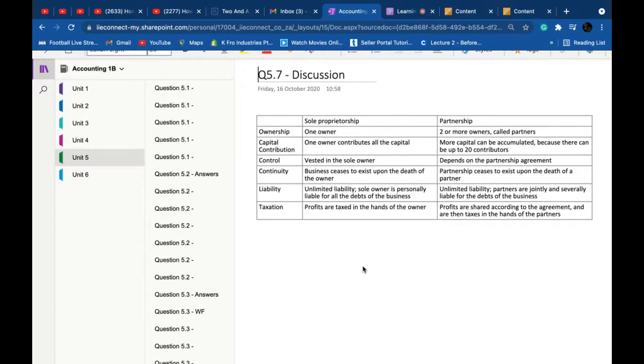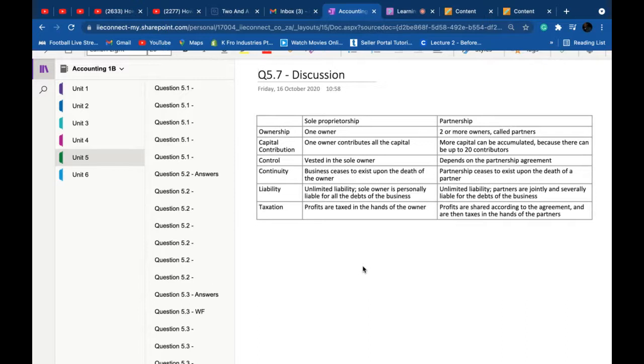Partners are jointly or severally liable for the debts of the business. Okay. Taxation. Profits are taxed in the hands of the owner, because they just see you as one person, right? And then when it comes to the partnership, profits are shared according to the agreement and are taxed in the hands of the partners.